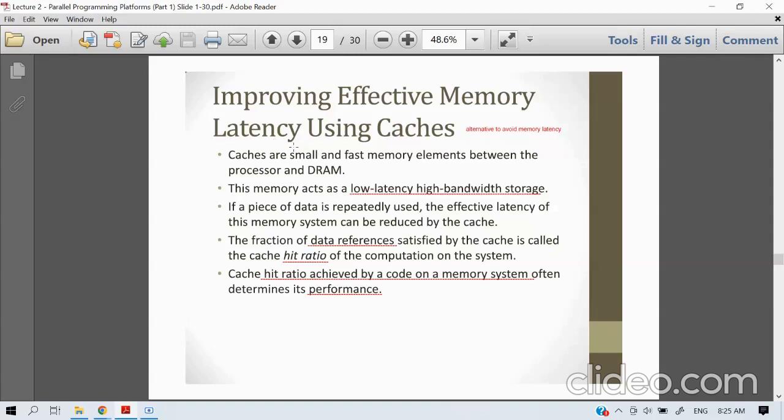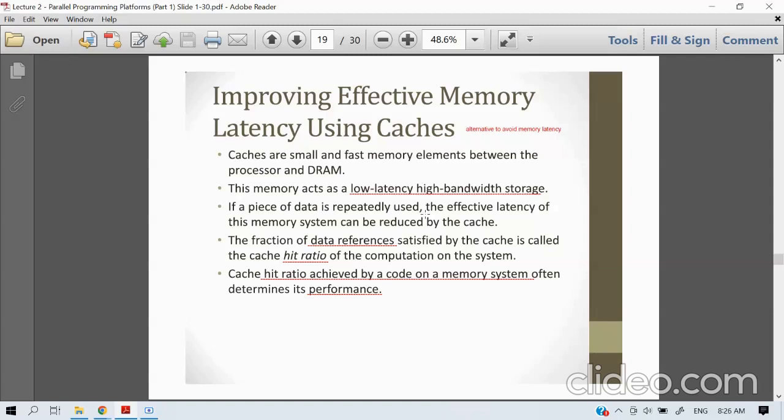Okay, so caches are small and fast memory elements between the processor and DRAM. This memory acts as a low latency, high bandwidth storage. If a piece of data is repeatedly used, the effective latency of this memory system can be reduced by the cache.